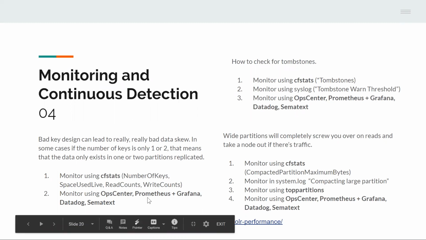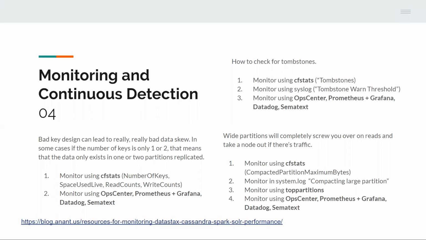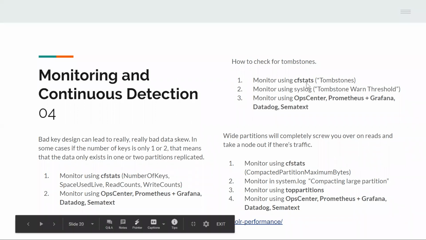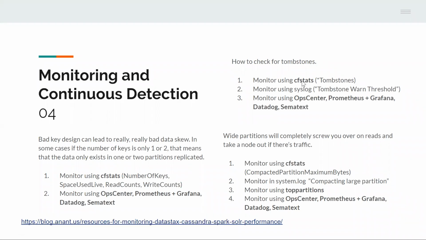Prometheus and Grafana are a close second, and that's only because people haven't built all the right templates and dashboards for it. OpsCenter has a bunch of Cassandra-specific metrics, basically.